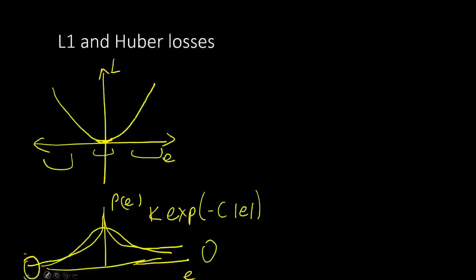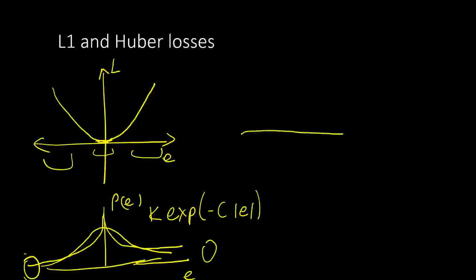There is more chance of an outlier compared to a Gaussian. So when you have more chance of an outlier, trying to fit a regression output to that outlier is going to be problematic. The output or the weights are going to be very swayed by the outliers.